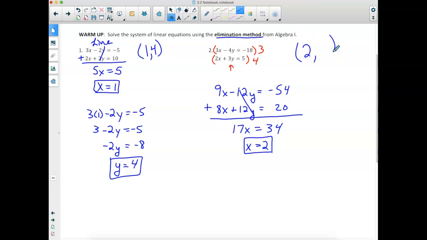I'm going to come back and grab either one of the original equations before they're multiplied by those numbers, simply because that gives me smaller numbers to work with.